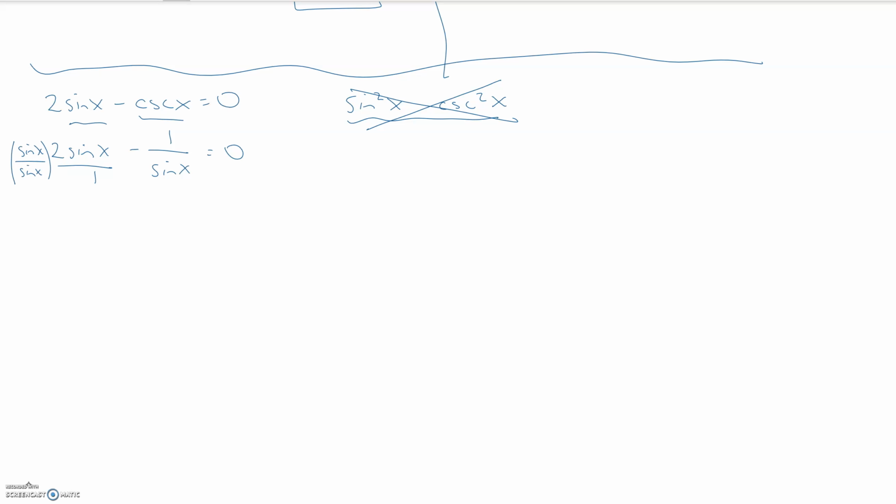That makes the denominators the same. I have 2 sine squared x minus 1 over sine x. That equals 0. I can multiply both sides by sine x to simplify this down to 2 sine squared x minus 1 equals 0. And from here you can solve using skills that you already have.